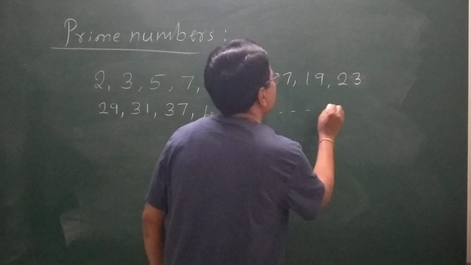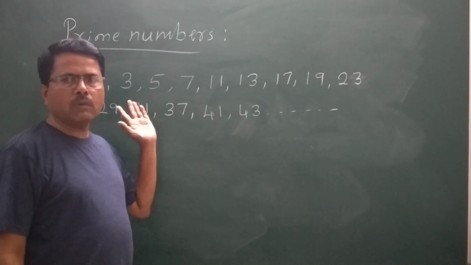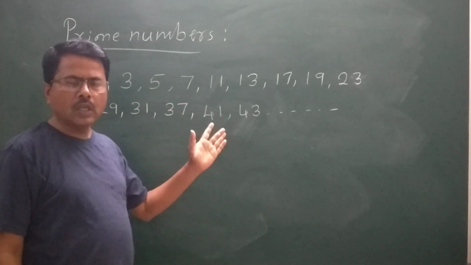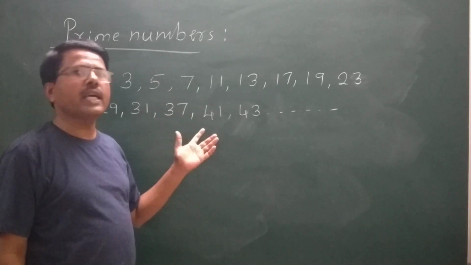These are all prime numbers. If you list all prime numbers between 1 to 100, you will have 25 prime numbers. You can list that later.